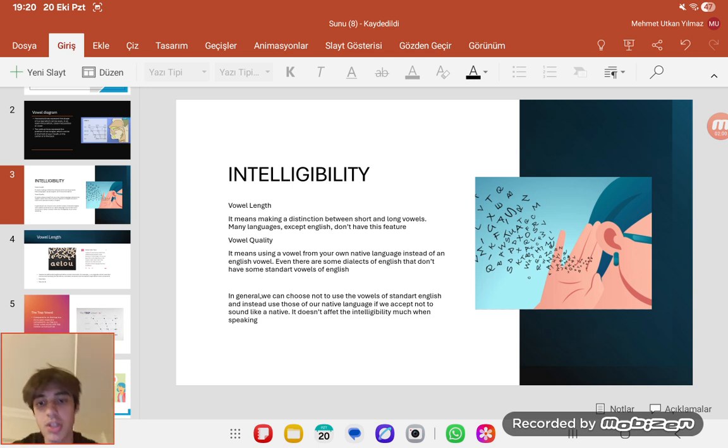So in general, we can choose not to use the vowels of standard English and instead use those of our native language. If we accept not sounding like a native, it doesn't really affect intelligibility much when speaking, like I said, but I would rather have a standard accent.